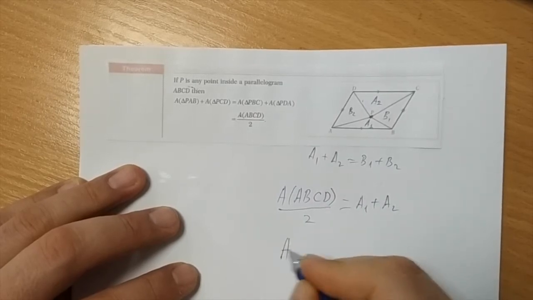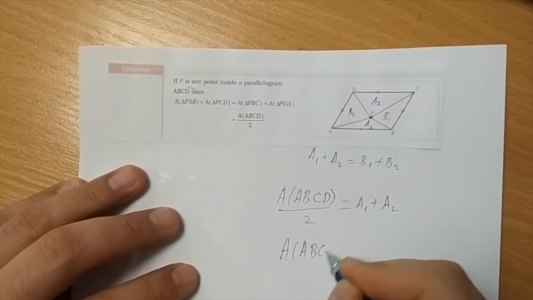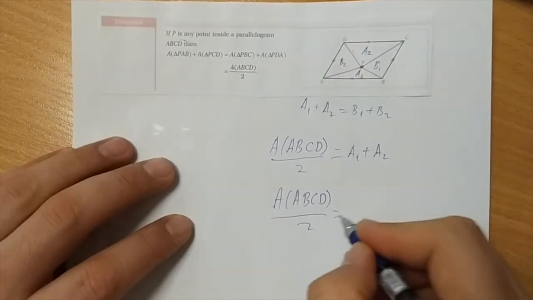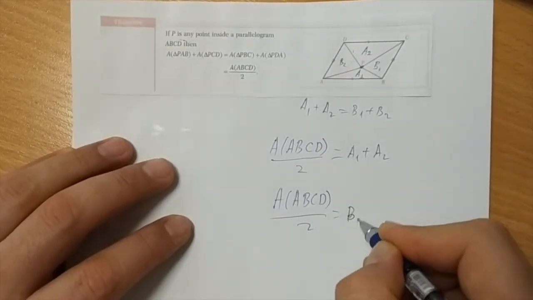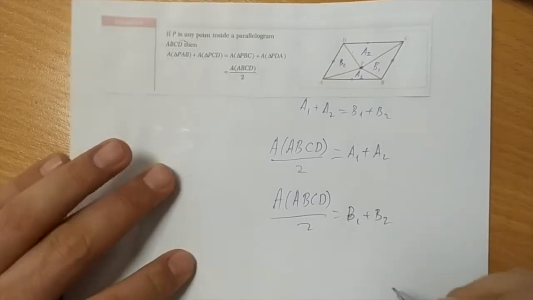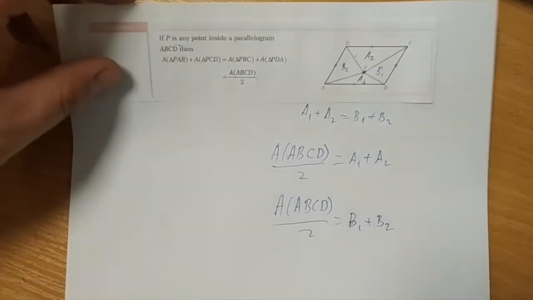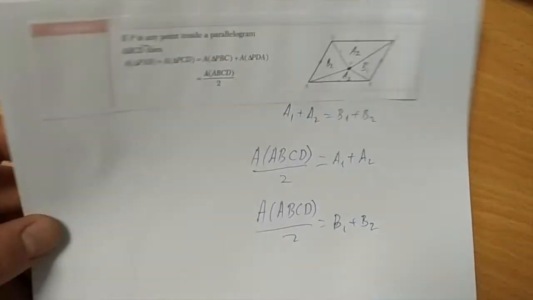At the same time, the area of ABCD divided by 2 will be B1 plus B2. You see? We can understand clearly.